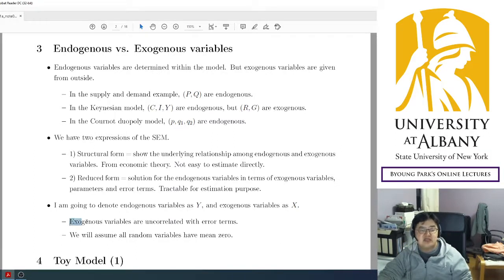And of course, exogenous variables are assumed to be uncorrelated with the error terms. That's the basic assumption. From now on, all random variables have mean zero. Y is mean zero, X is mean zero. So I will drop the intercept, and all the variables are interpreted as demeaned variables.